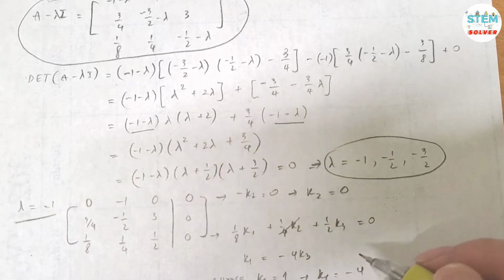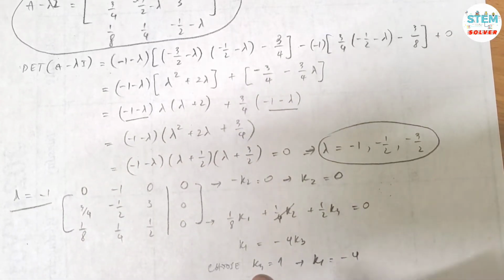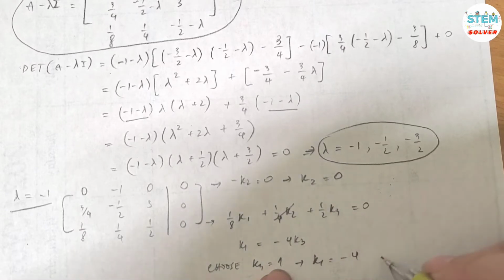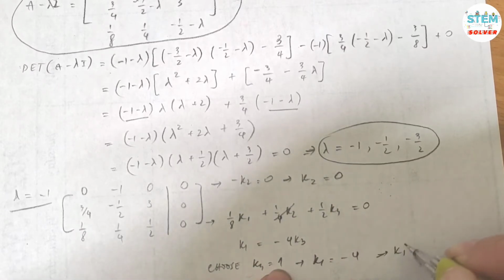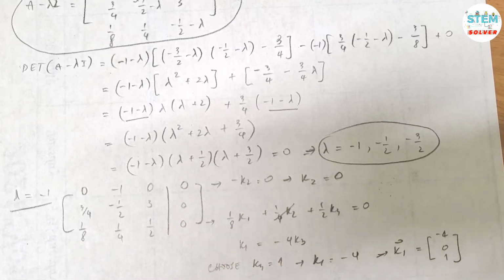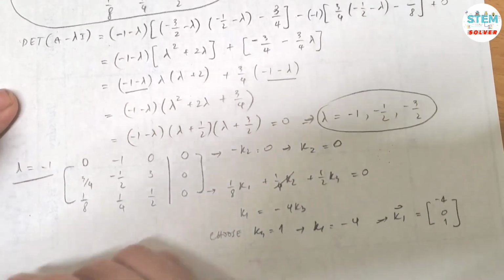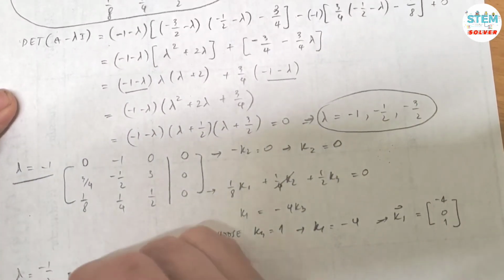You can choose whatever value for k3 as long as it's not 0. So then my vector k1 is -4, 0, 1.